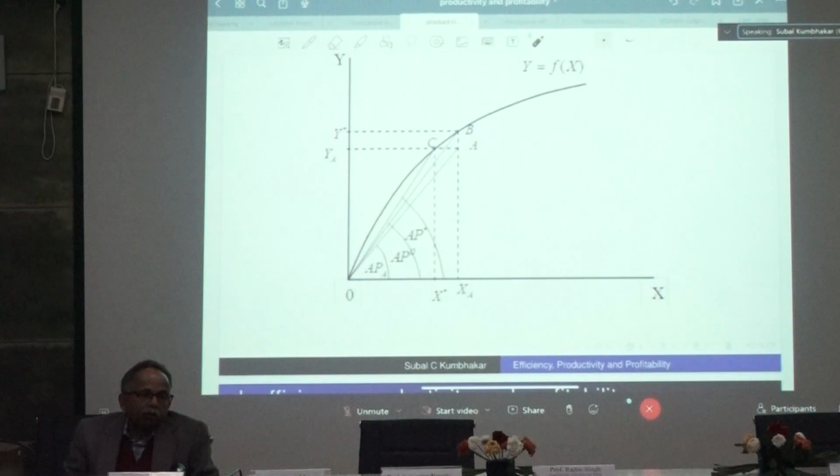If you are looking at the output-oriented measure, and again draw a line from point A to the origin, that is going to be productivity or average product. And productivity if the firm was fully efficient would be higher, because the slope connecting 0 to A is less than the slope connecting 0 to B. Right?